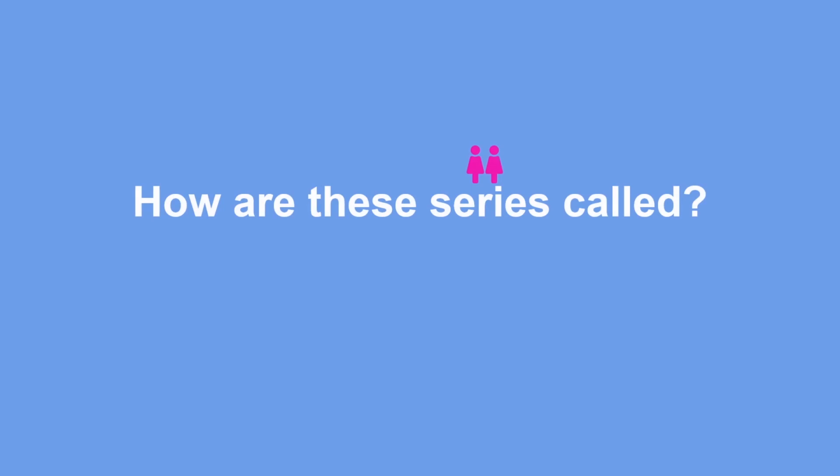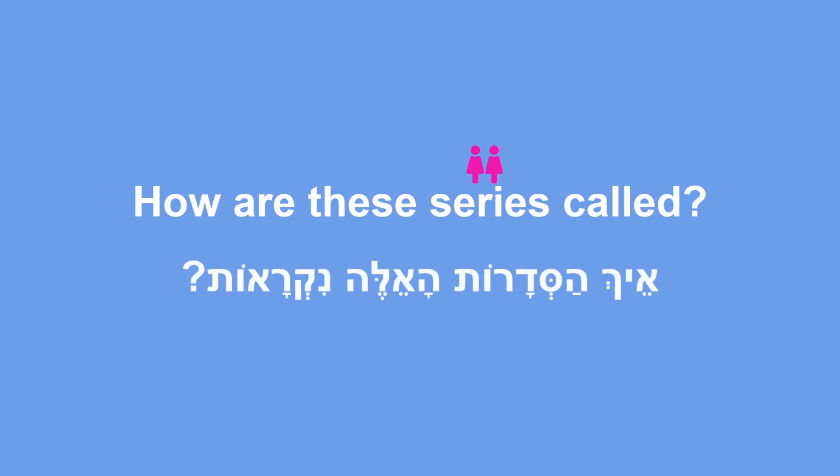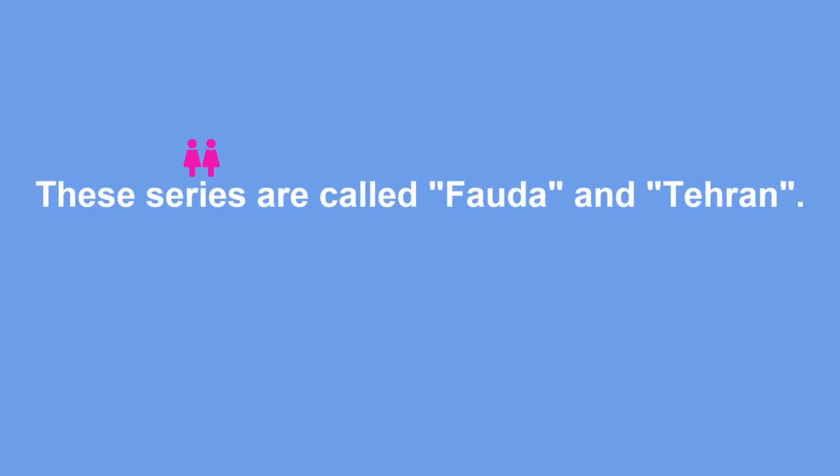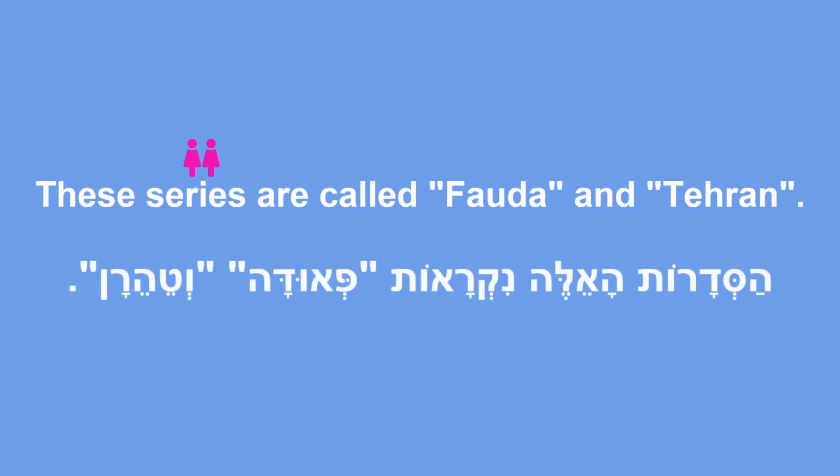How are these series called? איך הסדרות האלה נקראות? These series are called Fauda and Tehran. הסדרות האלה נקראות פאודה וטהרן.